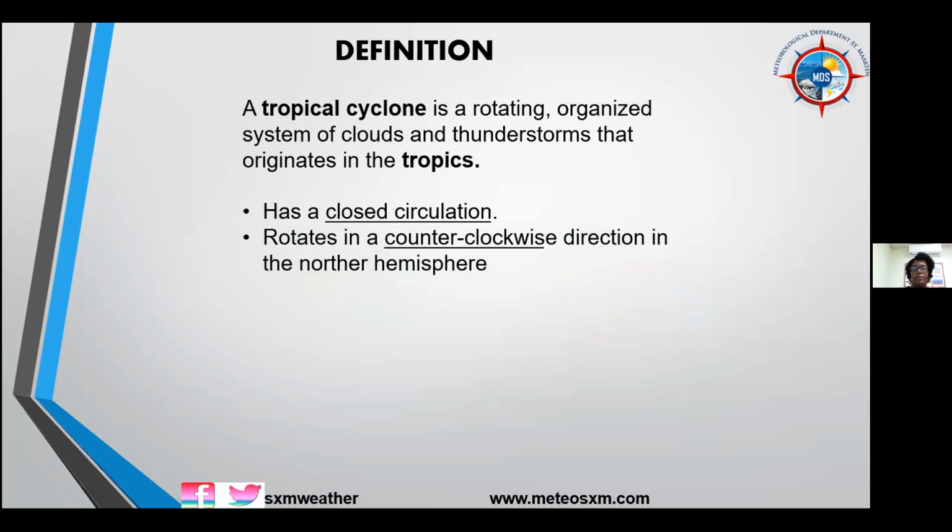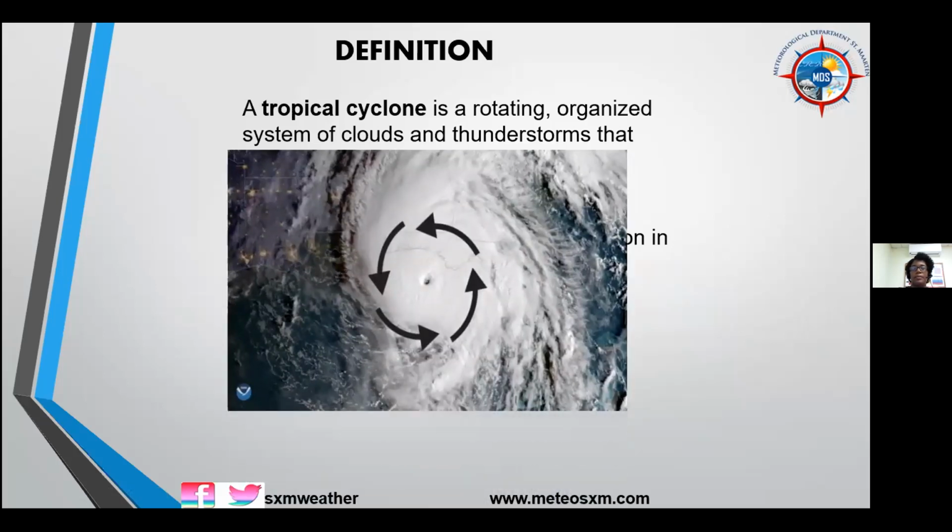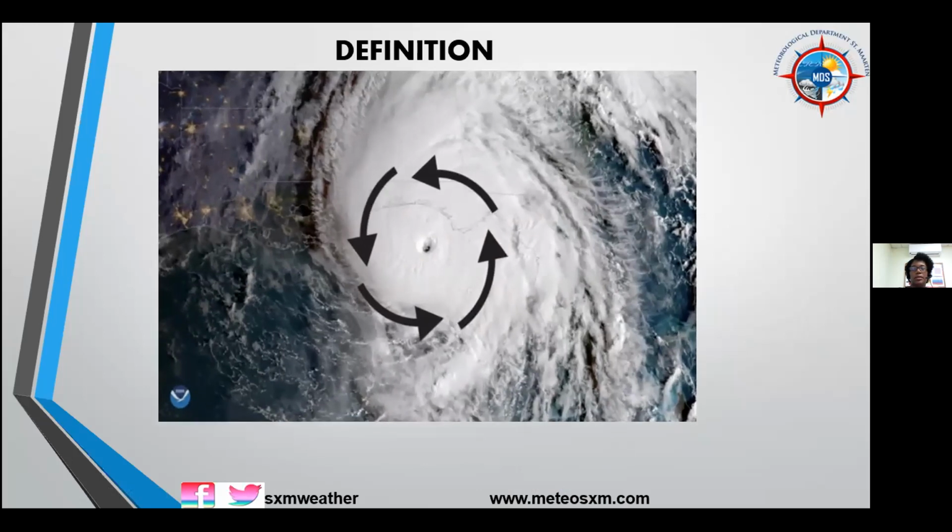Okay, a tropical cyclone also has a closed circulation. You will hear people talk about closed circulation. This is a satellite image of a hurricane, and you can see the arrows around. So a closed circulation would mean if I take the barometric pressure at different points around the storm and connect the lines, it forms a circle. So you have the same barometric pressure all around.